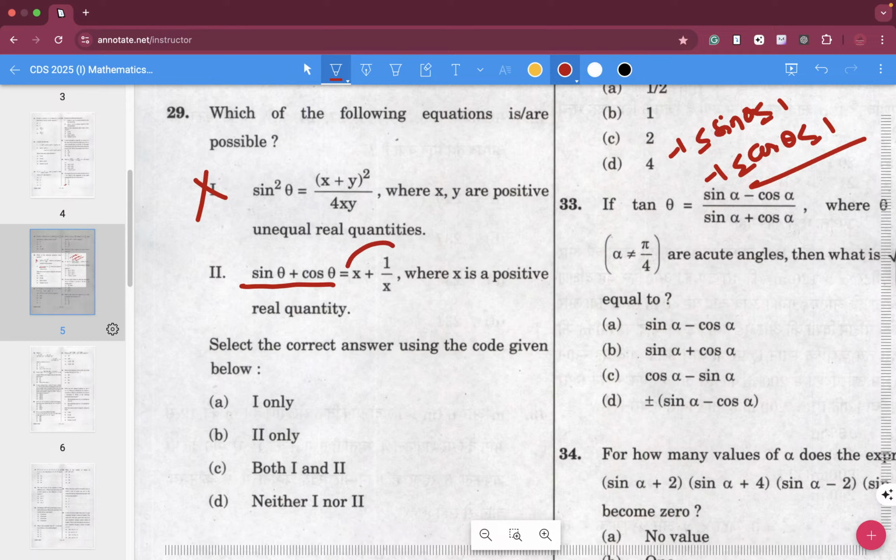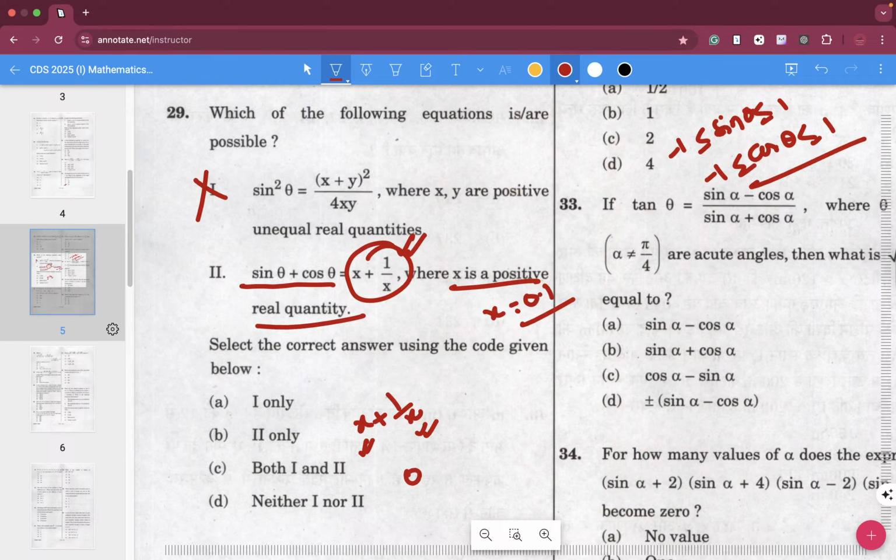But if you look at this particular value, x plus 1 by x, which is a number plus its reciprocal, and they have given x is a positive real quantity. Let's say I'm saying x is equal to 0.1. What happens? 0.1 plus 1 divided by 0.1, which means 10.1. Is it the possible value?